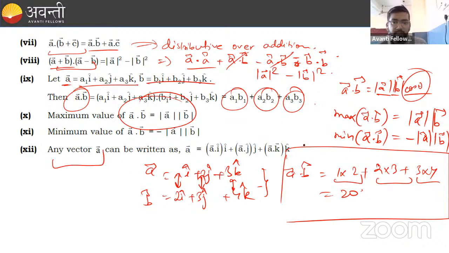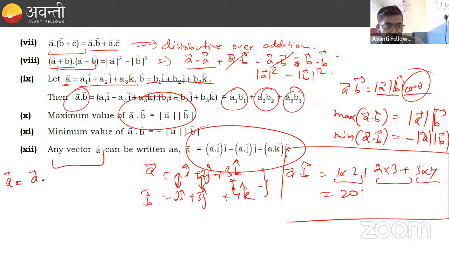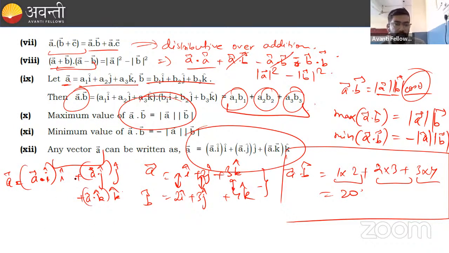Any vector a bar can be written like this. Okay, so we'll understand this. A bar can be written as a bar dot i cap into i cap plus a bar dot j cap into j cap plus a bar dot k cap into k cap. Why we can write this is, first of all, we need to remember this property where you multiply the components. Let's say a bar was a1 i cap plus a2 j cap plus a3 k cap.